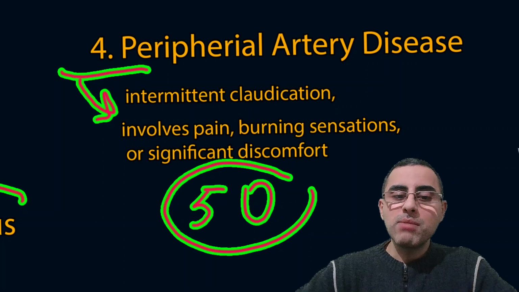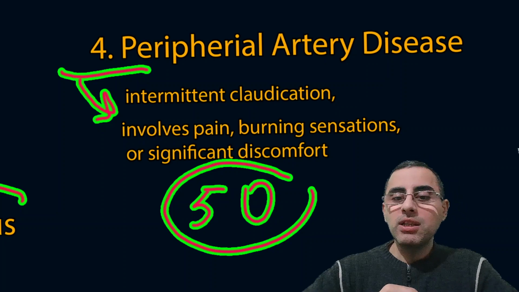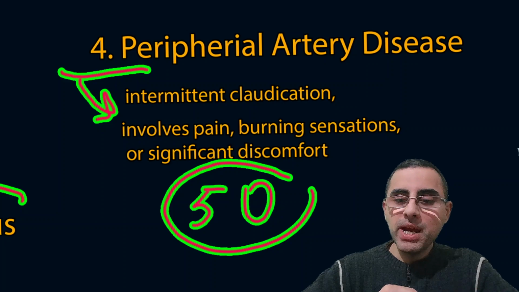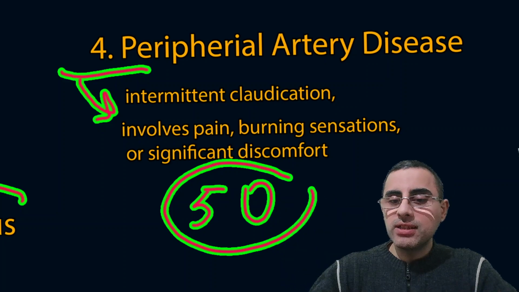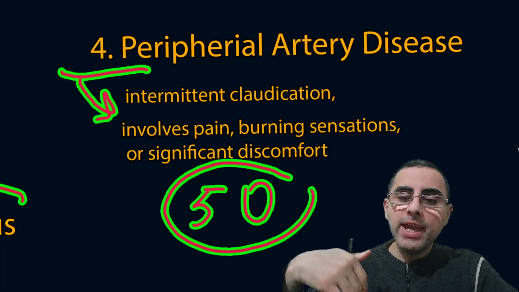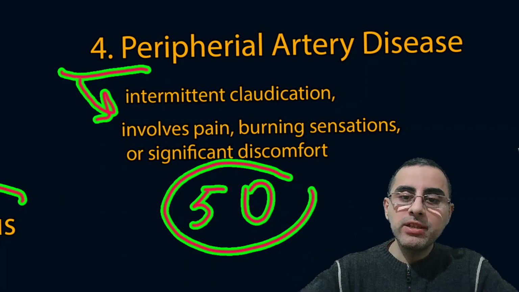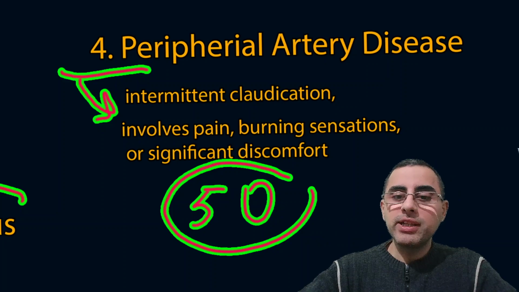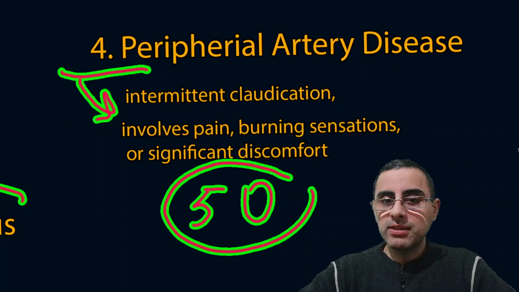It means that a person has pain when walking. After walking some distance, he or she has leg pain, usually in the calf, but possibly in the thighs and buttocks also, and this pain goes away after rest.